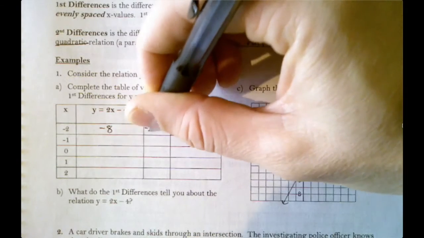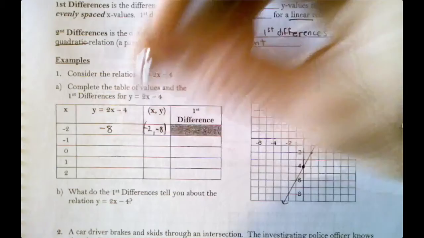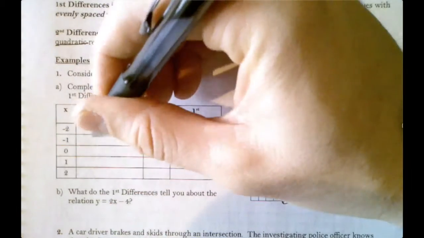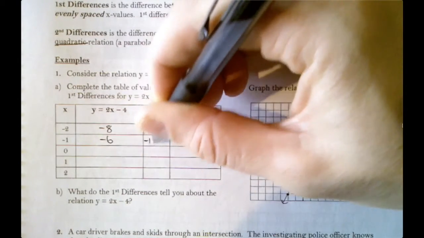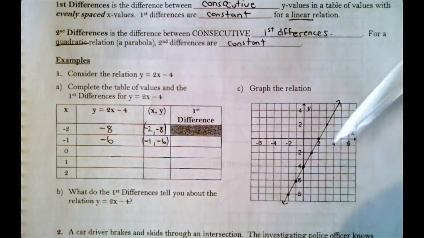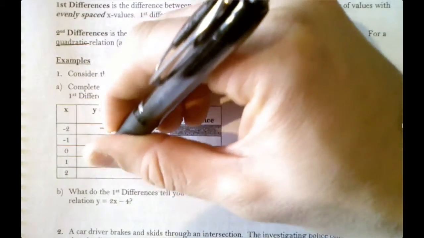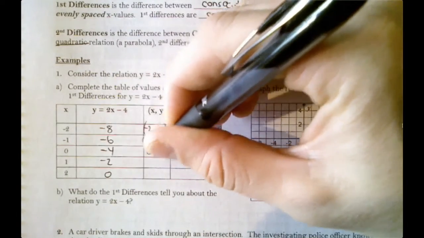So -2, -8 will be one of our points, and that was this point right here. If we plug in -1, we get -2 minus 4 is -6. So -1, -6 will be a point. That's this point. And if we keep going, we get -4, -2, and 0 to complete our graph.